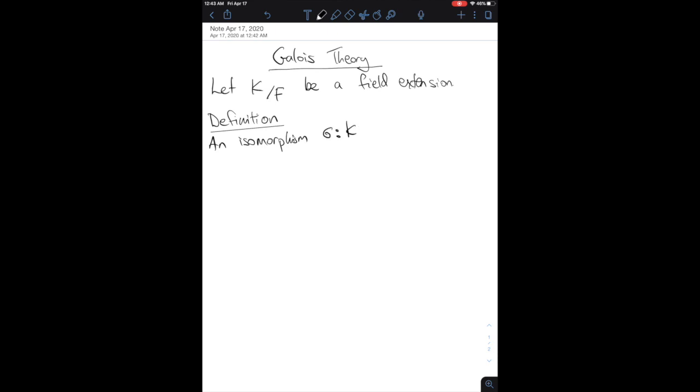Okay, so to remind you of a definition we've already seen, an isomorphism sigma from the field K to itself is called an automorphism.